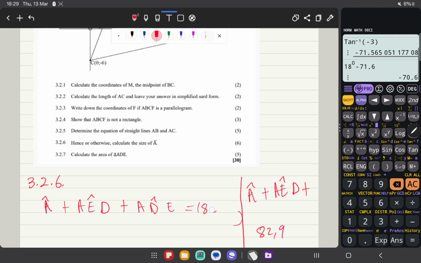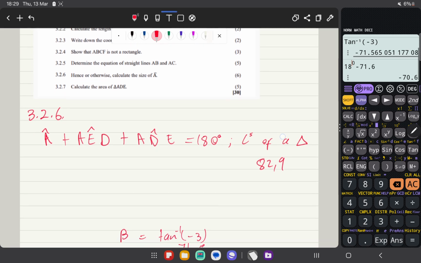And the reason for this is the angles of a triangle.